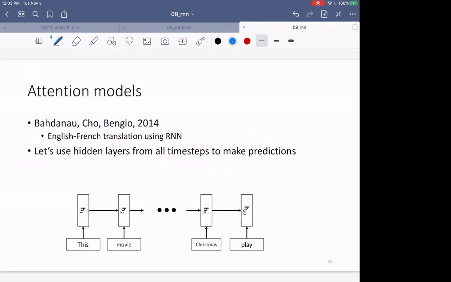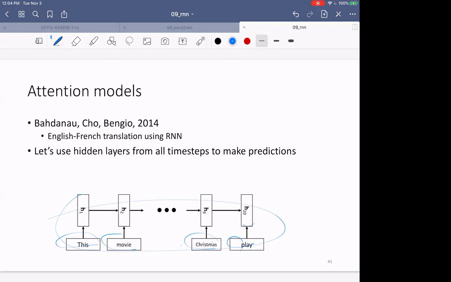The easier version of the attention model: I'm going to explain the attention mechanism in the context of sentiment classification, not sequence to sequence. You can generalize it to sequences, but I'm first going to explain this in a very simple application, which is binary classification of your sequence. You have the same sentence, this movie at blah blah blah Christmas play, and you encode it with your RNN, and then you need to make a binary prediction.